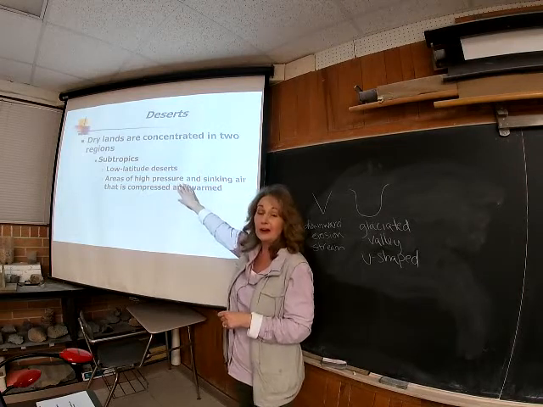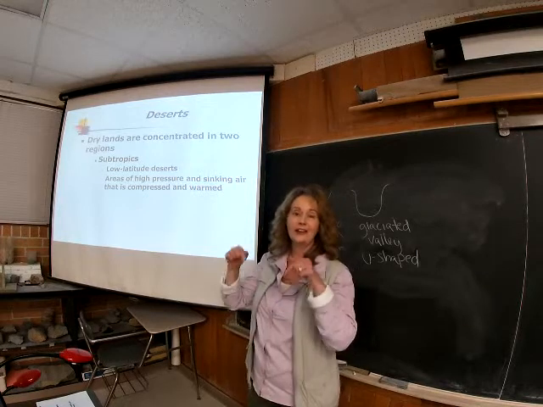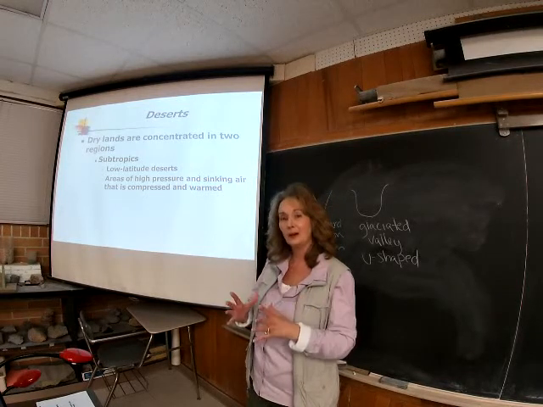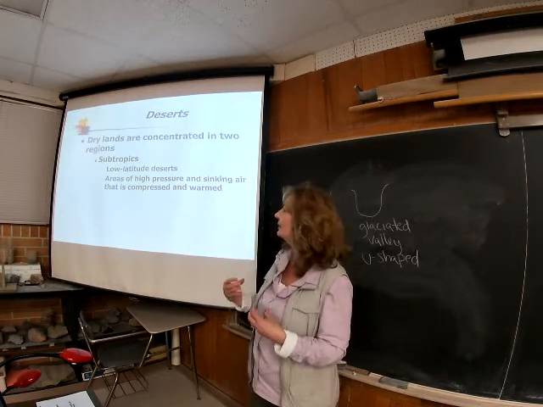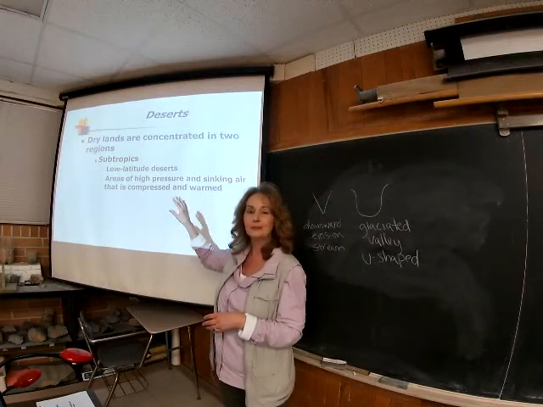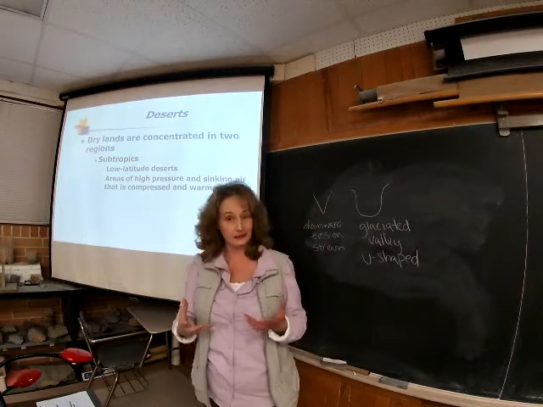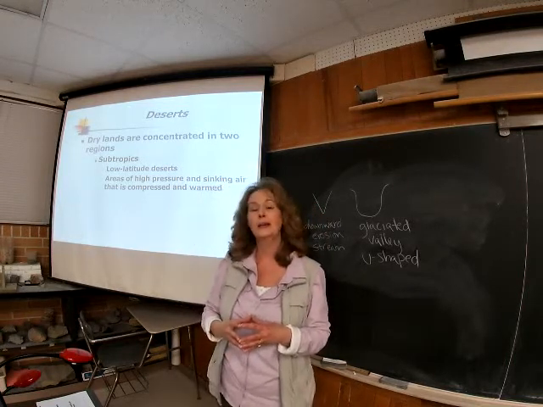They are under areas of high pressure and sinking air. So the air is sinking. When the air sinks, it compresses and it warms. Compressional warming, we call that. And we'll learn more about this, but it doesn't hurt to interject it in here because it's coming. But it's affecting us now when we're talking about deserts.